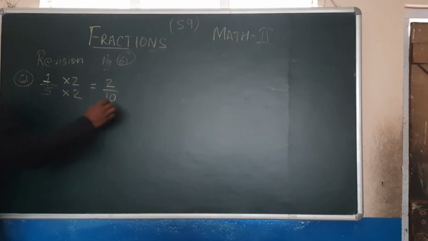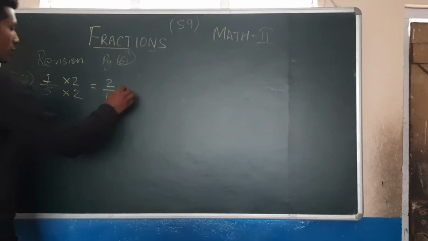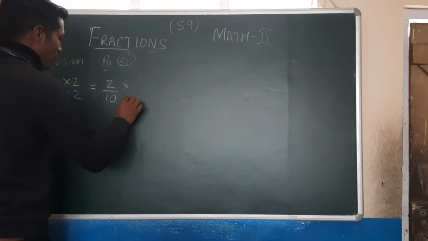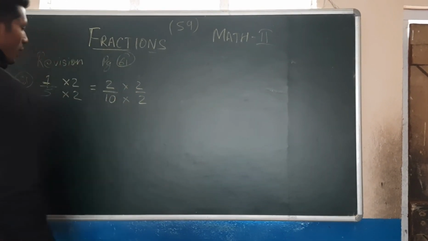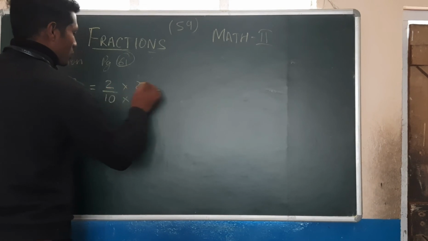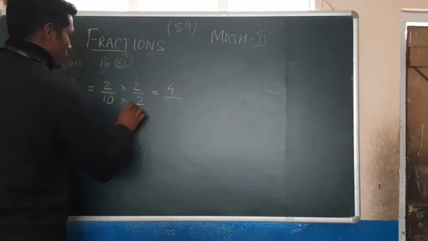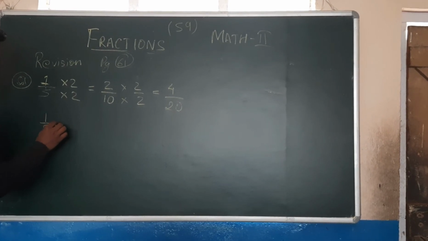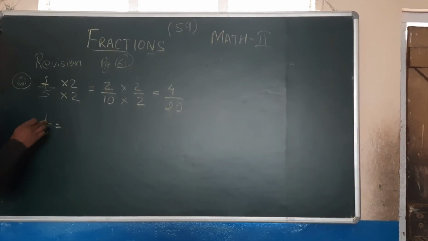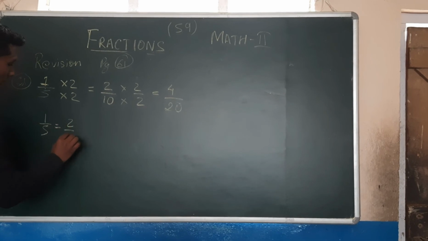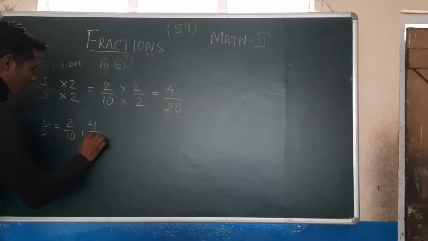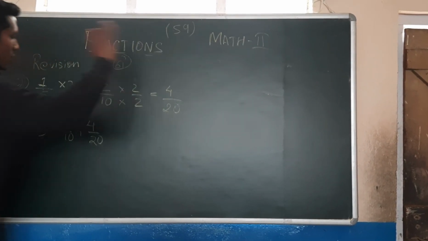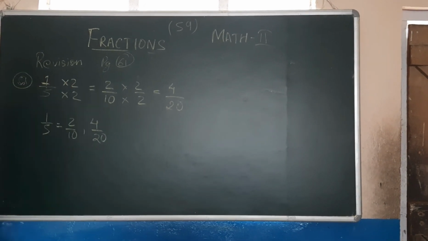You can also find another equivalent fraction. Again multiply with 2. You will get 2 twos are 4 and 2 tens are 20. So the equivalent fractions of 1 by 5 are 2 by 10, 4 by 20, and you can get numerous equivalent fractions by multiplying with 2.